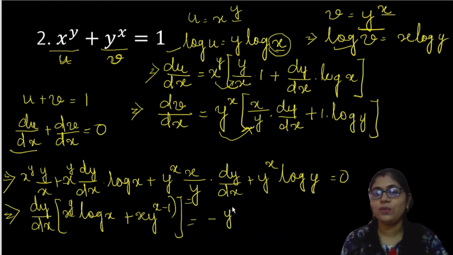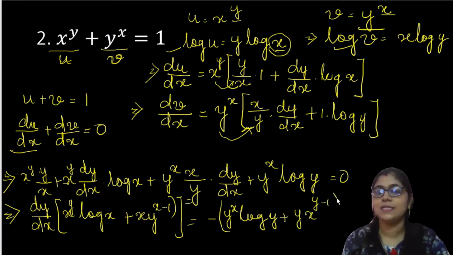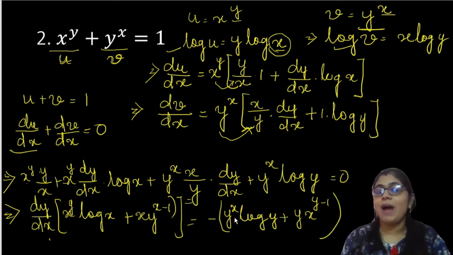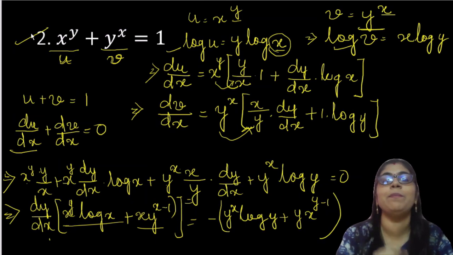Minus y to the power x log y plus, here also we'll get x to the power y minus 1, y into x to the power y minus 1. So our dy by dx will be minus y to the power x log y plus y x to the power y minus 1 divided by x to the power y log x plus x y to the power x minus 1. So in this way we can solve this complicated sum in a very simple way.